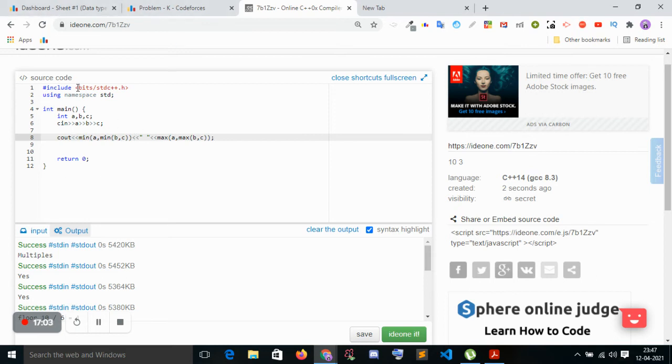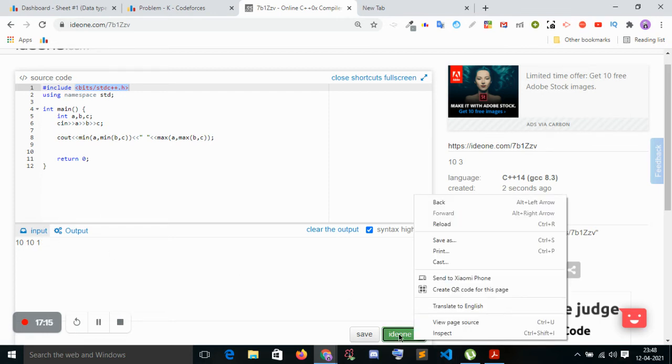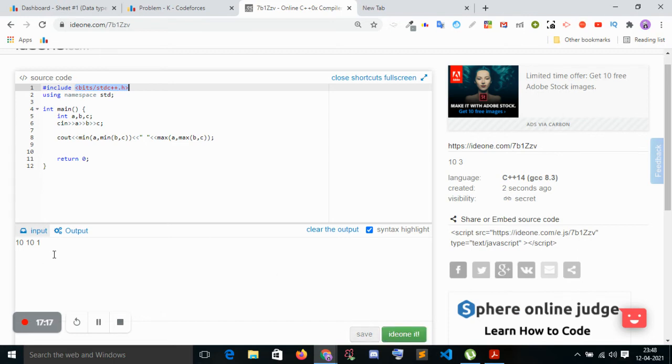So this min actually you don't worry about that. It's just that this file actually includes everything, so you don't worry about that. Okay. So let's try 10, 10, 1. Okay, 3. So our max is 10, our min is 1.